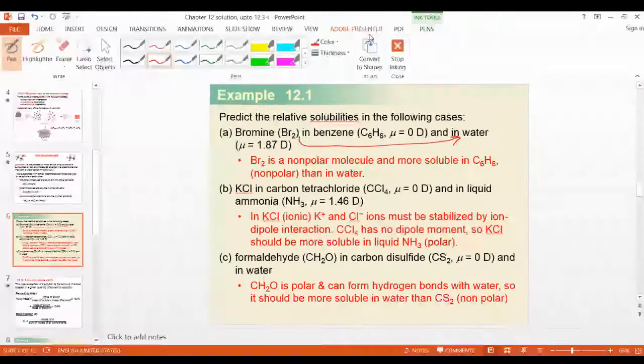So bromine is non-polar because the dipole moment is 0, and water's dipole moment is 1.87. Is it polar or non-polar? It's polar. They cannot make a solution. It's polar, right? So will they make a solution or not? No, so no solution.